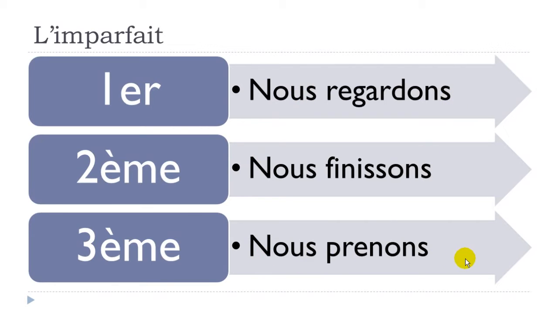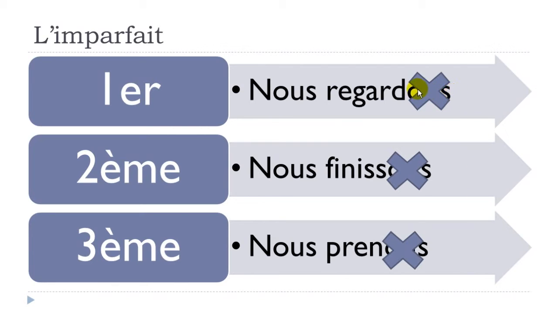So the reason why I wanted you to see the nous form is just because that's the form we will use to construct the imparfait. The thing will be to take away the ending of nous.